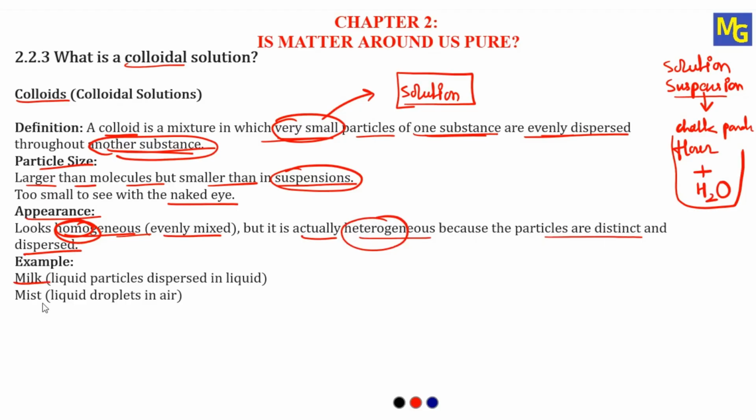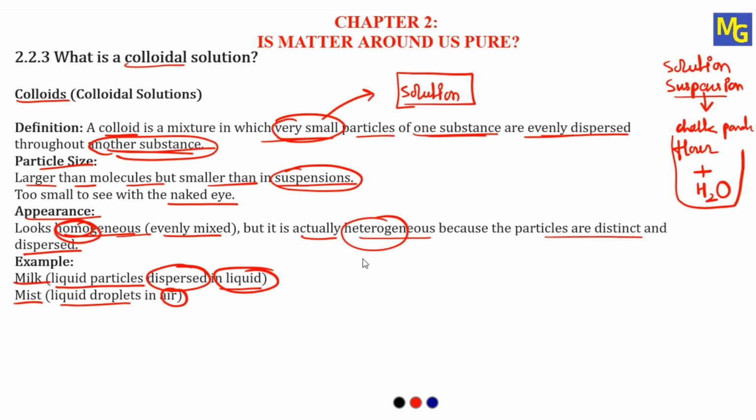Example is milk and mist. So you maybe have seen milk, liquid particles dispersed in liquid. Remember, what is milk? In milk, one liquid's particles are dispersed in another liquid. Next is mist, liquid droplets dispersed in air, like this also we can say.